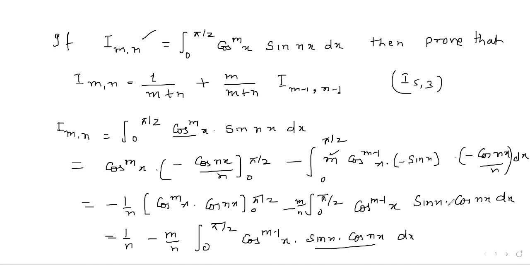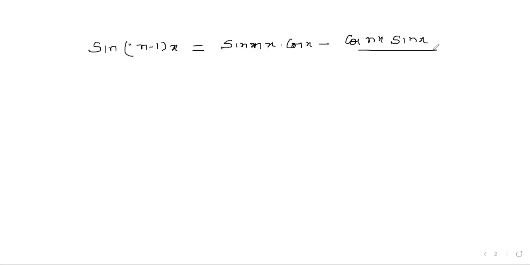In our question, we need cos nx sin x, so we can shift this to the LHS. Cos nx sin x is equal to sin nx cos x minus sin (n minus 1)x.